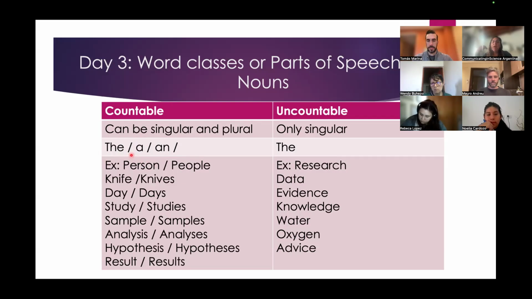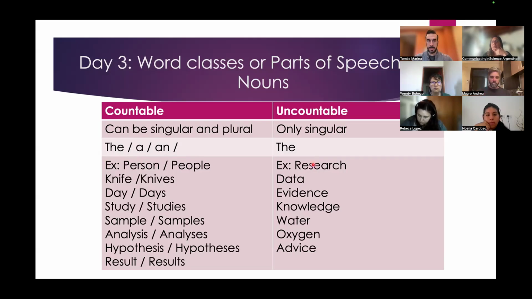You can say the people, the person, la persona, a day, un día, an analysis. In a few slides, we are going to see when to use a and when to use an. And then we have uncountable nouns, which are only singular.